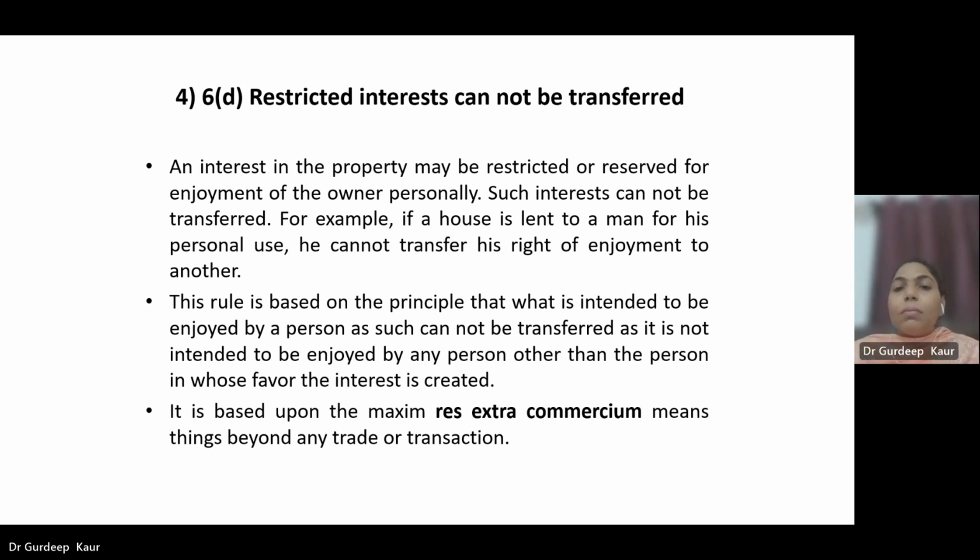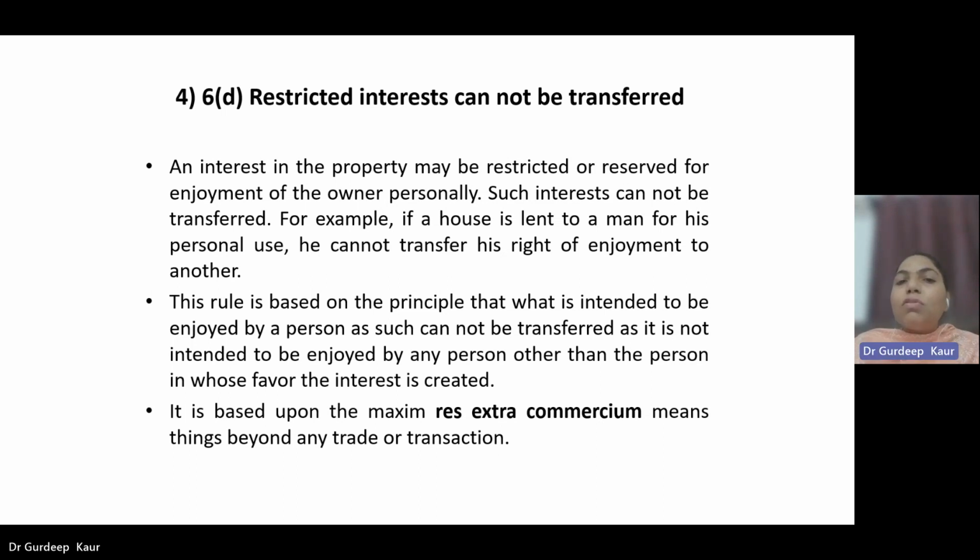Another thing is that a restricted interest cannot be transferred. Under Section 6, Clause D, an interest in the property may be restricted or reserved for the enjoyment of the owner personally. Such an interest cannot be transferred. For example, if a house is lent to a man for his personal use, he cannot transfer his right of enjoyment to another.